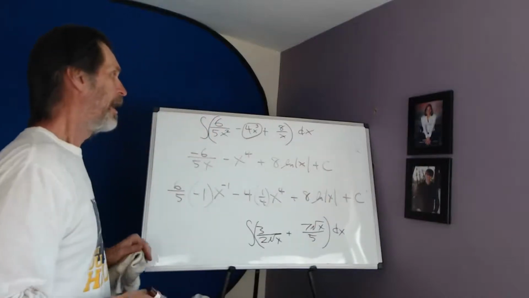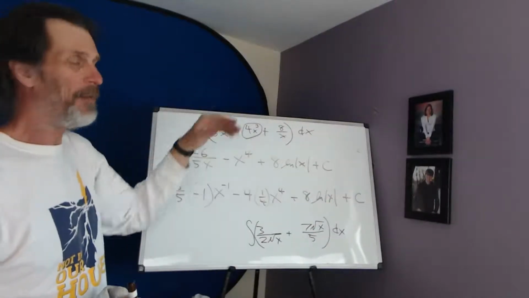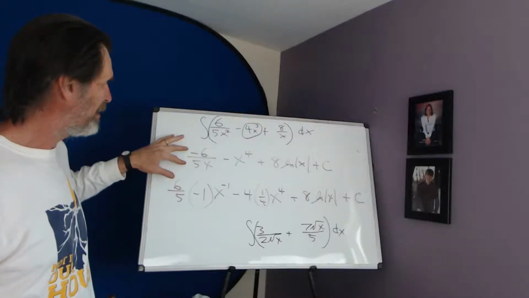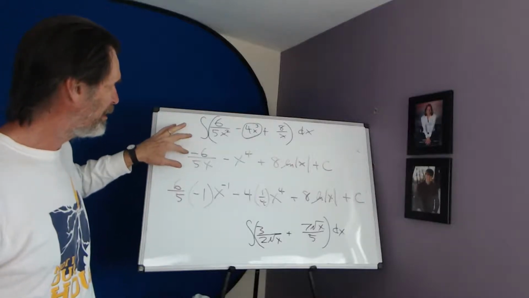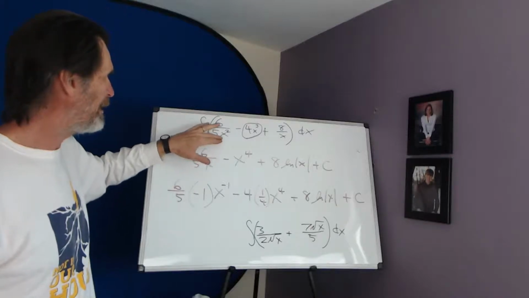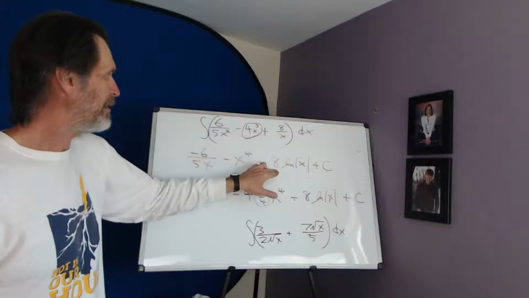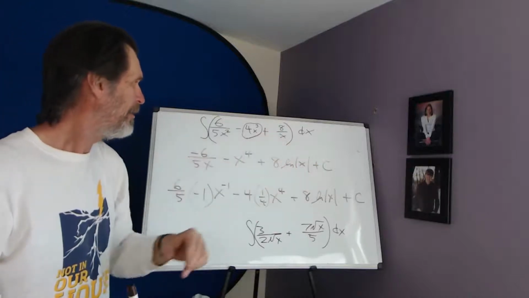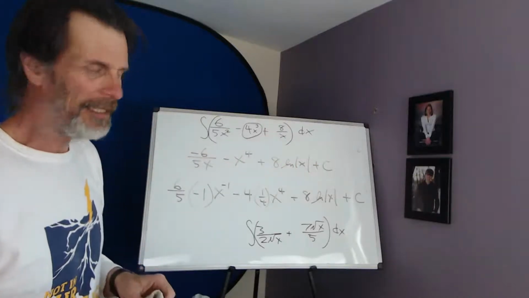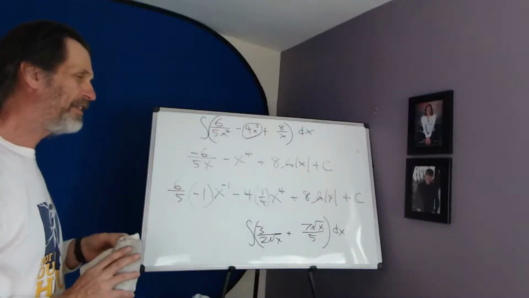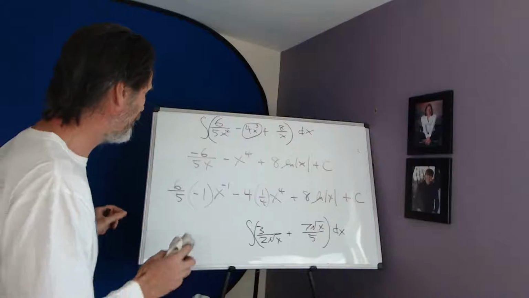If I wanted to, I could chase back and make sure the derivative works. Rewriting this as -6/5 x to the -1, bring the power down, makes this positive, reduce the power by 1, makes that be -2. Sure enough, the derivative of this is this, the derivative of that is that, and the derivative of every constant is 0.